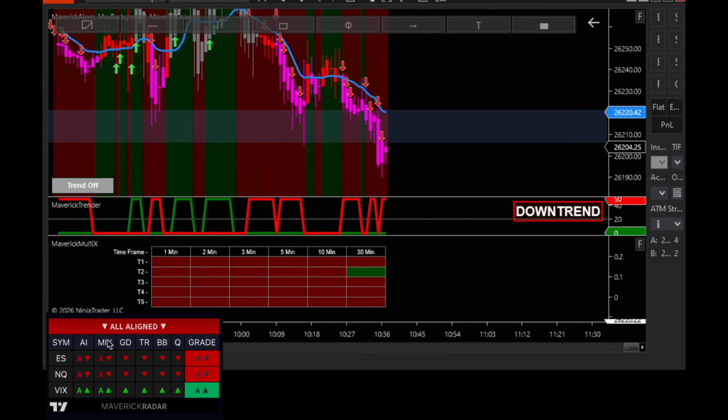This is the power of the Maverick radar, and we're going to be releasing this. The Maverick radar is just doing all the groundwork for you that all our indicators are showing you already, but puts it in a nice, neat little box so you can look over and you don't take a trade until you have an A+ setup combined with market structure. This is what stacking probability does.